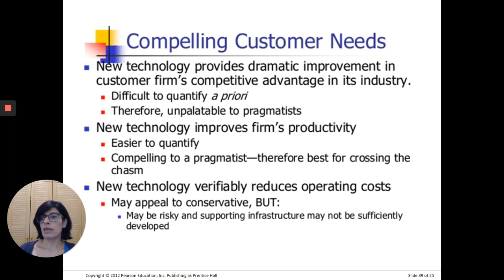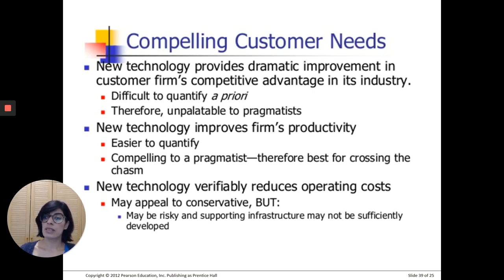So what could be a compelling customer need? It could be that new technology provides dramatic improvements in their lives, and it gives you a competitive advantage as a firm in the industry. It's difficult to quantify, so therefore the pragmatists won't actually understand this. Only the early adopters will. Or new technology actually improves the productivity of your firm.